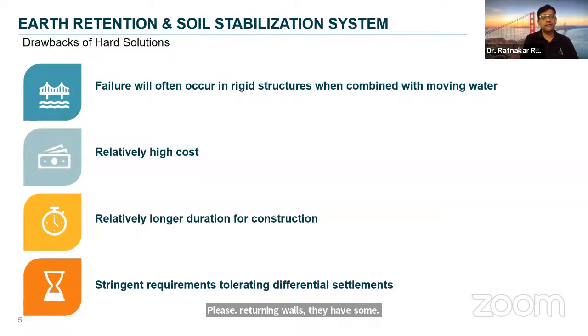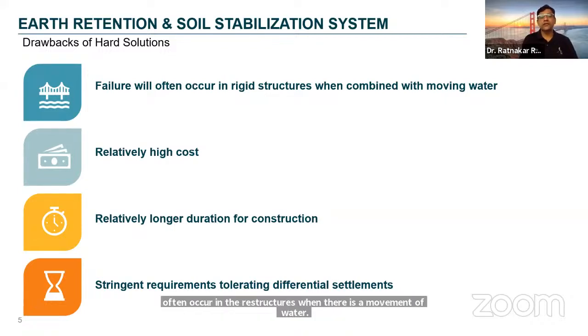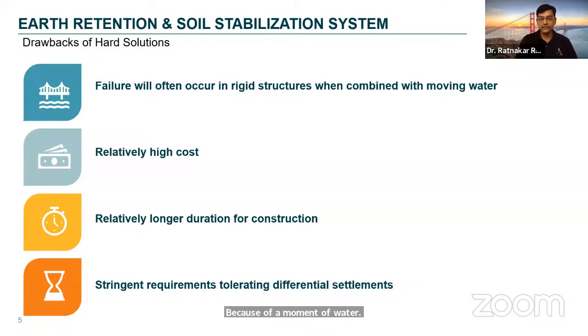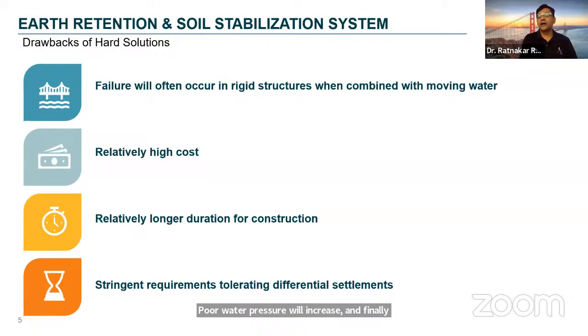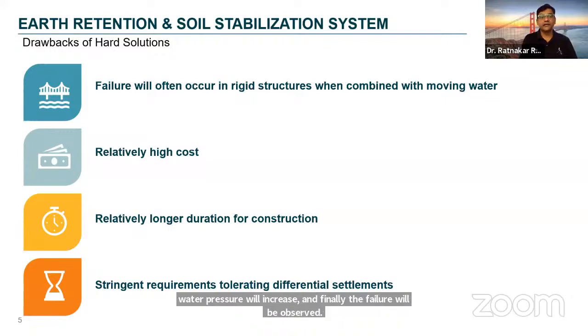Failure will often occur in rigid structures when there is a movement of water. Because of movement of water, a lot of stresses are generated in the soil, especially the pore water pressure will increase, and finally failure will be observed. Compared to other types of retaining walls, rigid walls are also very, very expensive.